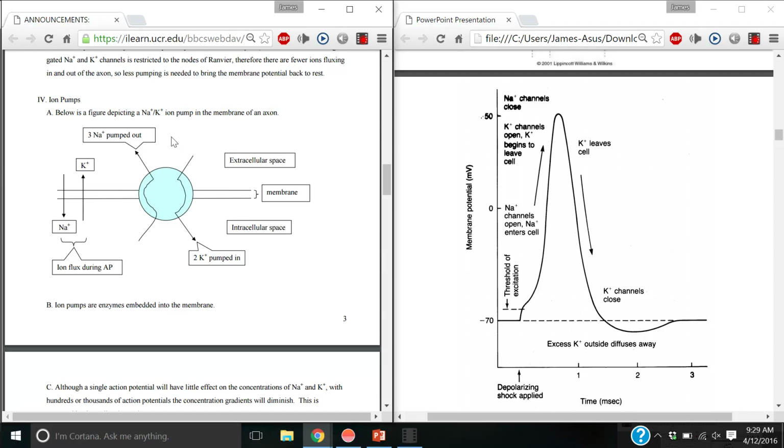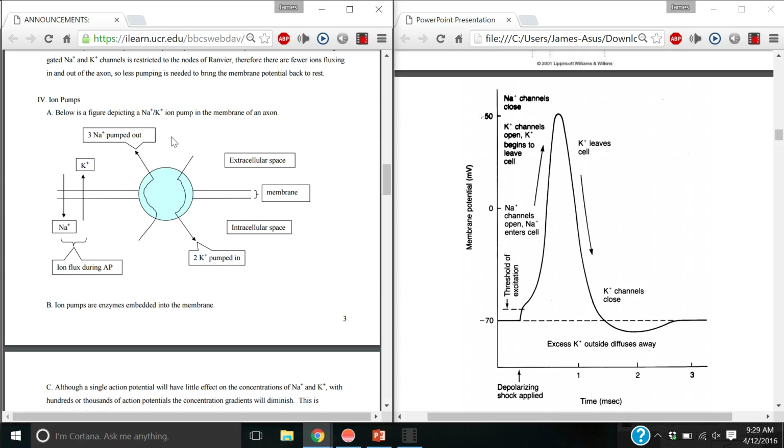The other thing, the last point I want to make, and also one of the most important, is that these are very highly energy dependent. These are major users of ATP, the cellular metabolic currency.